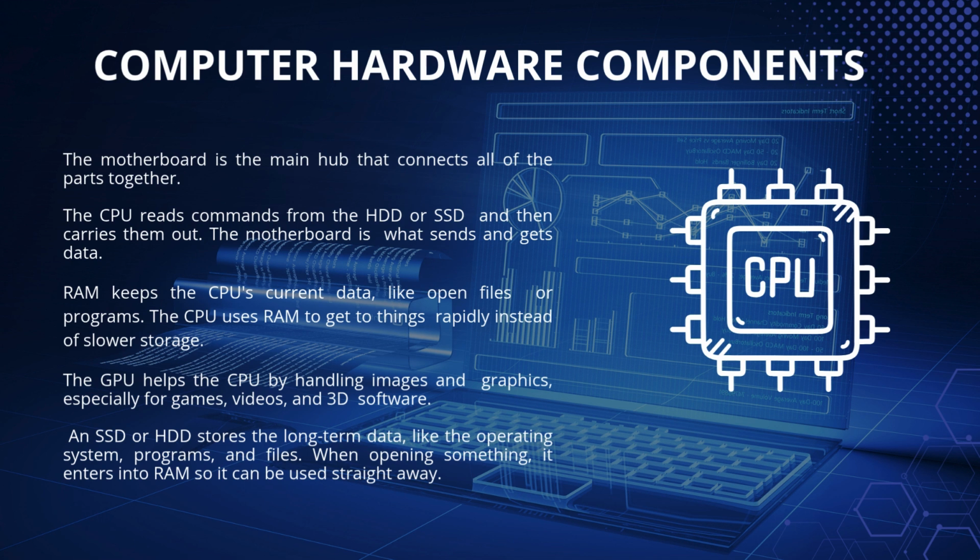Hard drive or SSD are both storages of a computer. Hard drives are previous generation storage hardware and SSDs are the newer generation hardware, and then the CPU carries them out. The motherboard is what sends and gets data.